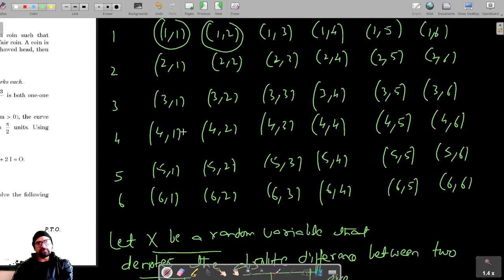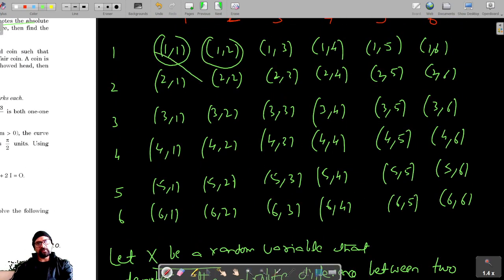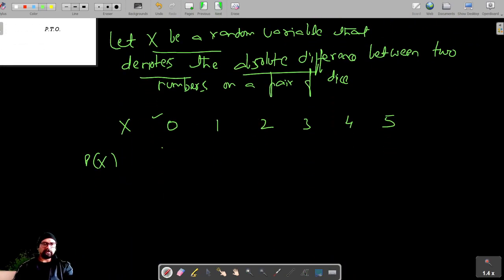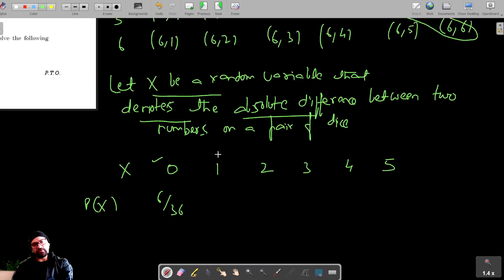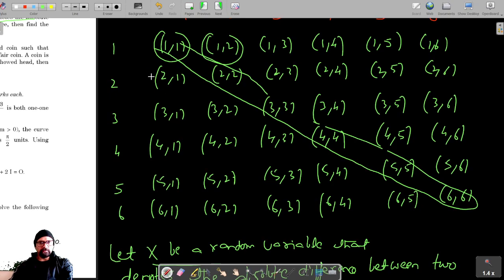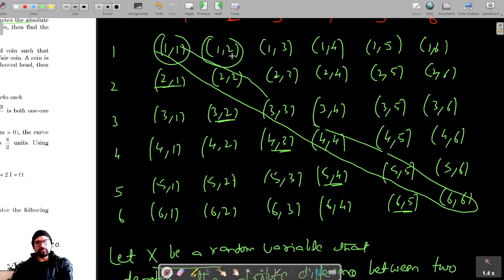Now, the absolute difference is 0 when we have the same numbers on the dice, and there are 6 such outcomes, so the probability is 6 by 36. And the absolute difference is 1 in these cases: 2,1; 3,2; 4,3; 5,4; 6,5; and also 1,2; 2,3; 3,4; 4,5; 5,6.